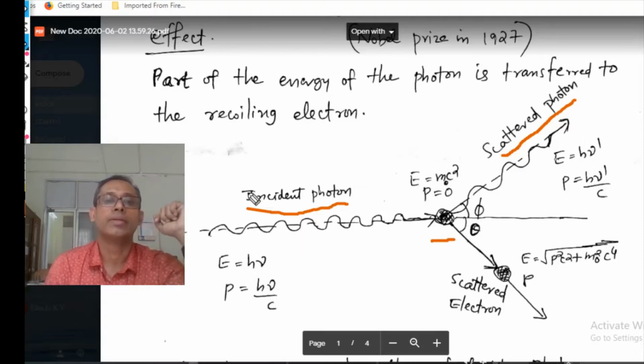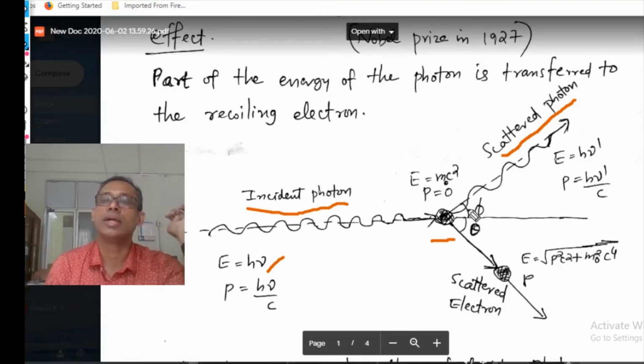The energy of the incident photon is equal to h nu, and its momentum is given by h nu over c, because the photon is a massless particle, it doesn't have rest mass. By the relativistic equation, since rest mass is 0, we can write momentum as h nu over c.